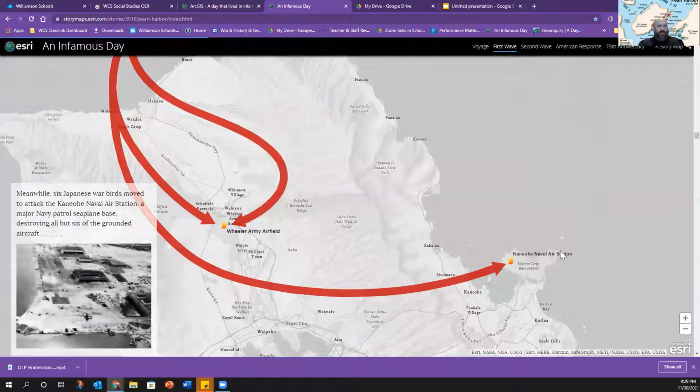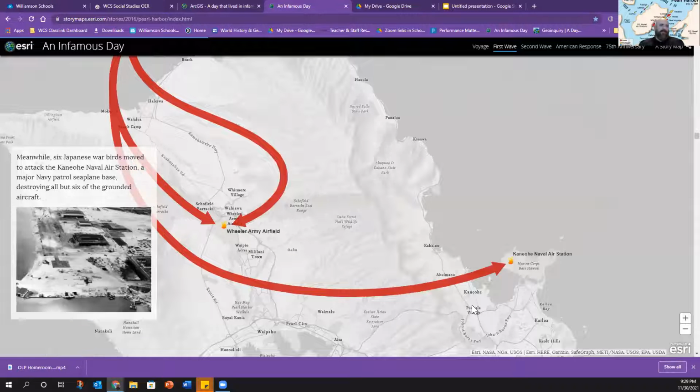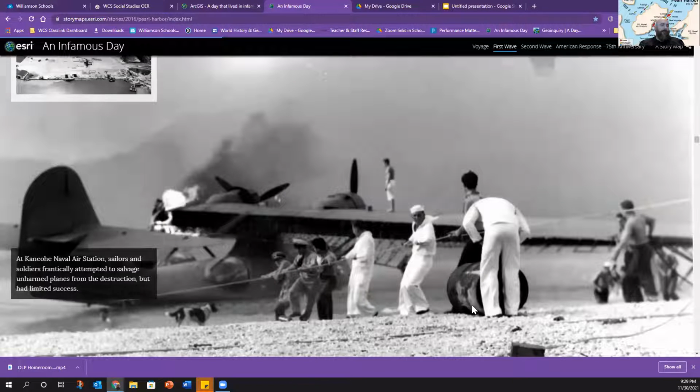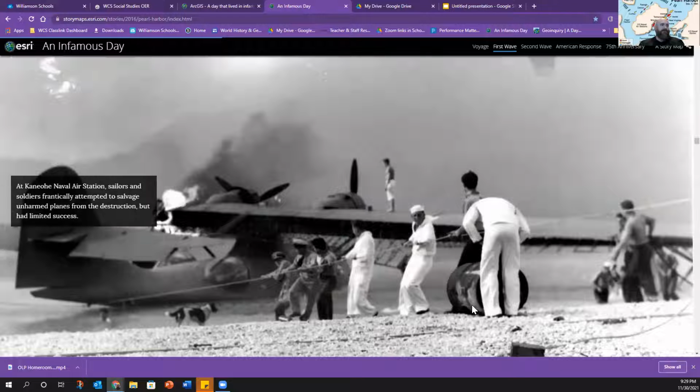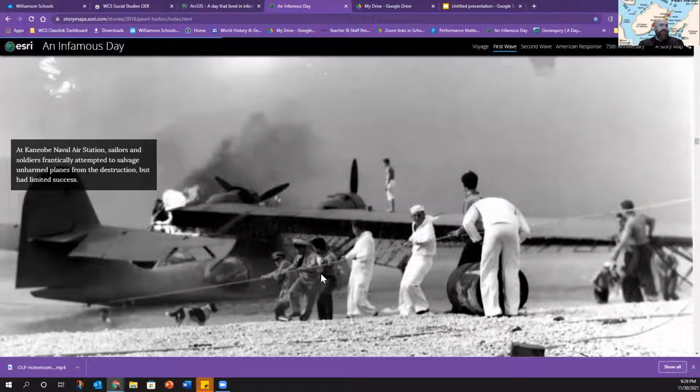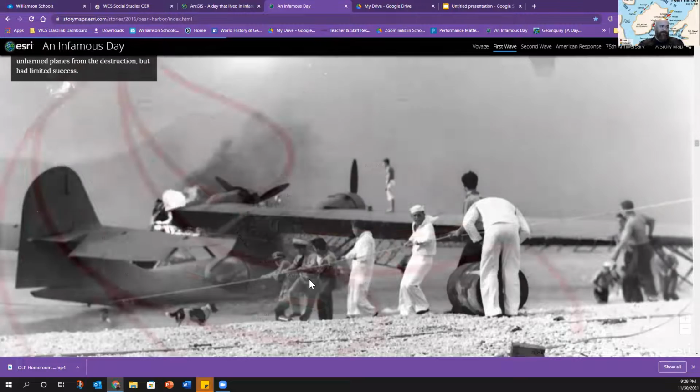Here we go, heading over to the Naval Air Station, right? Japanese warbirds moving here, wanting to attack the seaplane base, right? Destroying all but 6 of the aircraft on the ground. Here you see, as it says, this picture is them trying to salvage planes that were not completely destroyed. Once again, they're seaplanes. As you can see, it's in the ocean.